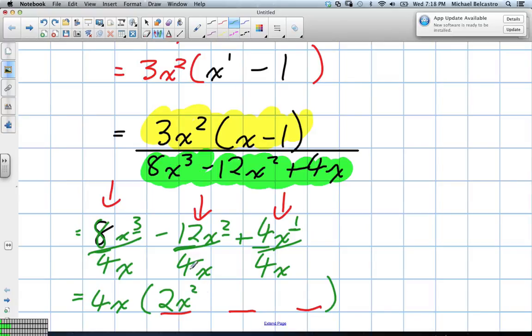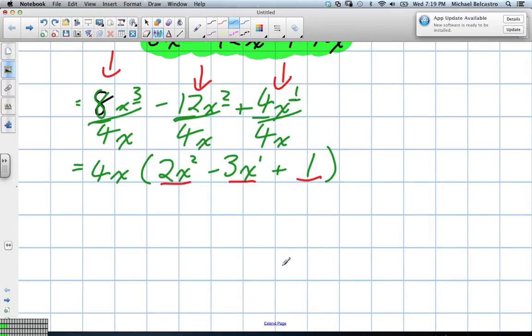Now negative 12 divided by 4? Negative 3. Good. X squared divided by x? X to the power of 1. We don't technically have to write the 1 for the exponent, but that's 100% right. We'll write it in for you. And 4x to the power of 1 divided by 4x to the power of 1? 1. That's right.